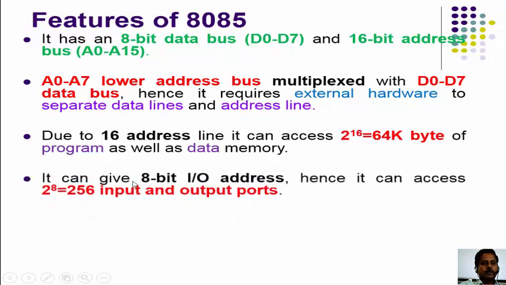Similarly, in case of IO device interfacing, where the IO addresses are 8 bit, 2 raised to 8 is equal to 256 input and output ports you will get with this 8085 based system.